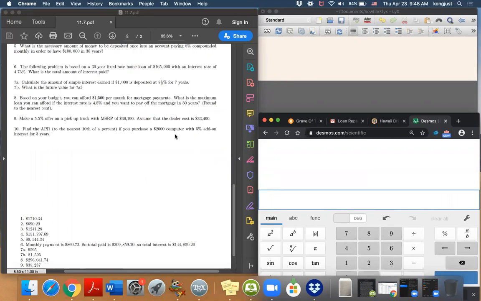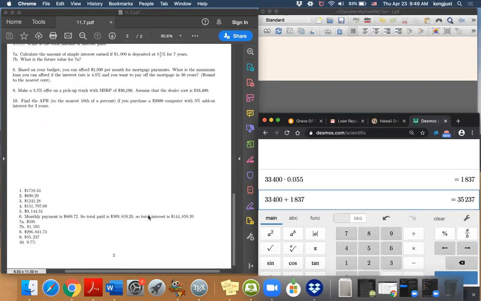But remember when we make the offer, we just ignore the MSRP, focus on the dealer cost. So at 33,400, we want to make a 5.5% offer. So times 0.055, right? That's the value that you're adding on, 5.5%. So you just tack that onto the 33,400, and you end up with 35,237.